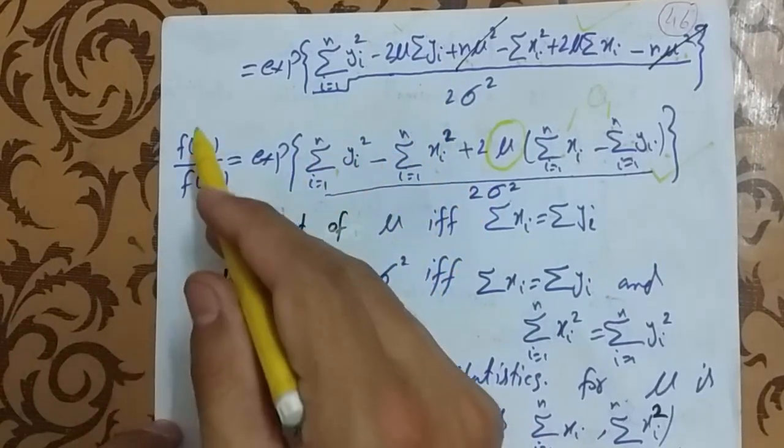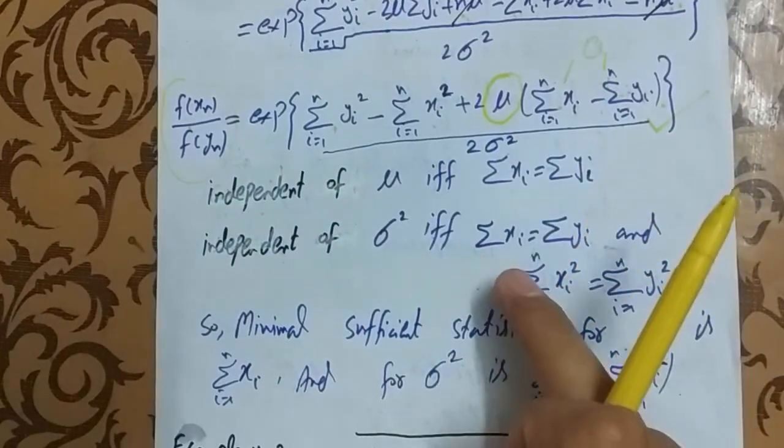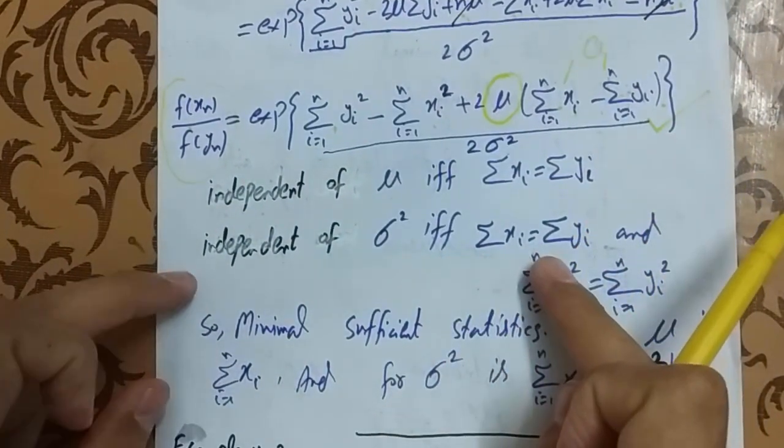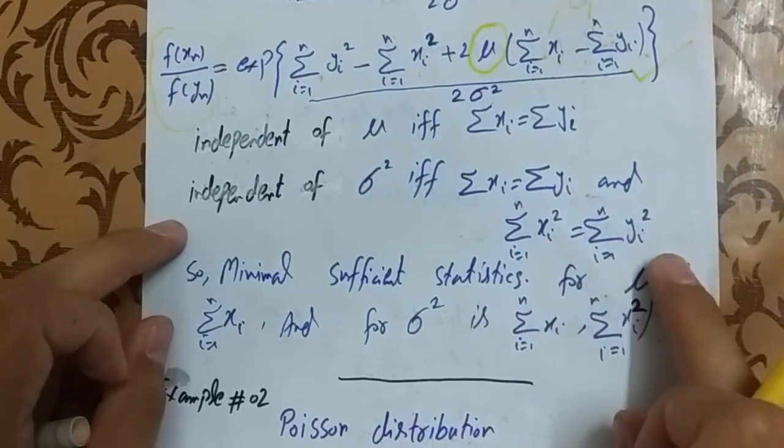Then we say this factor is independent of sigma square if and only if sigma xi is equal to sigma yi and sigma xi square is equal to sigma yi square.